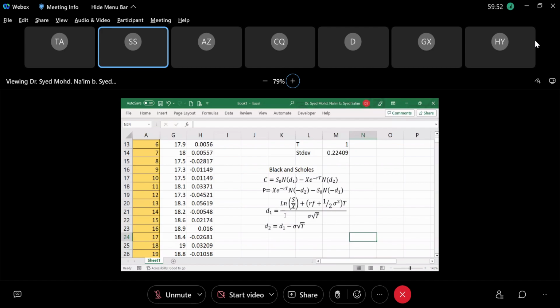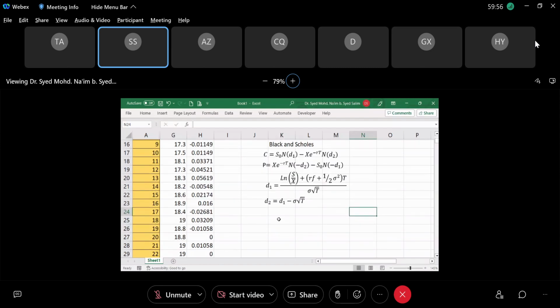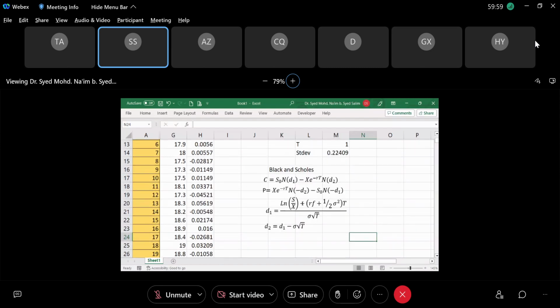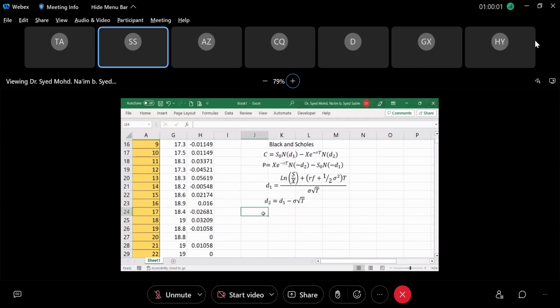We have the call option and put option here. As usual, we are going to break this into 3 parts.